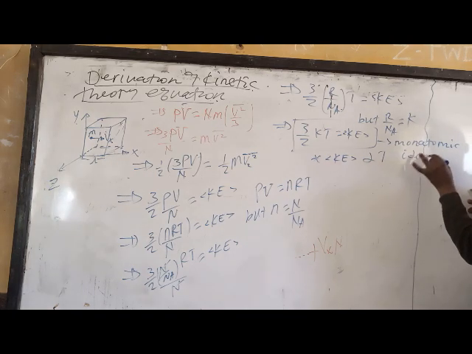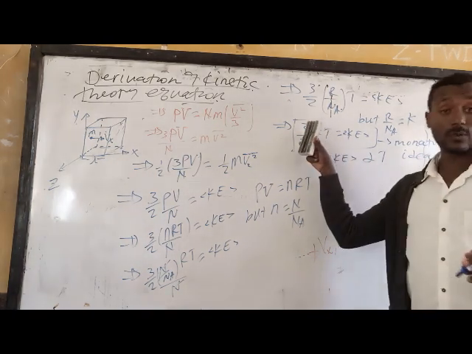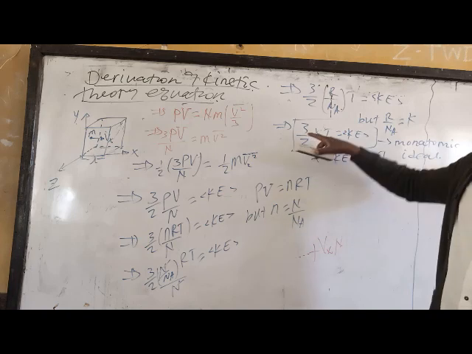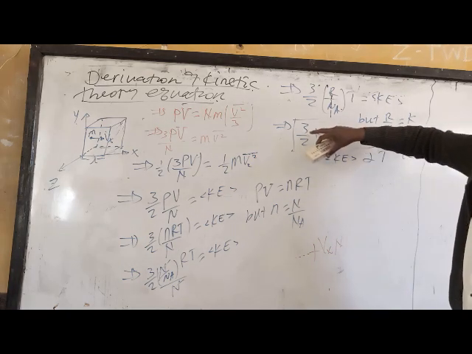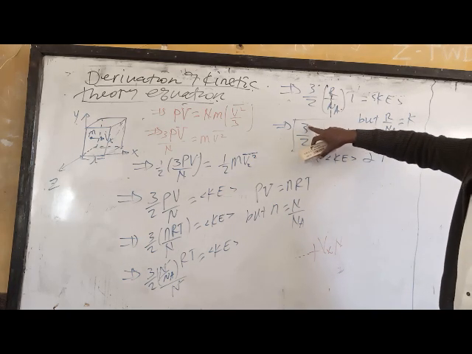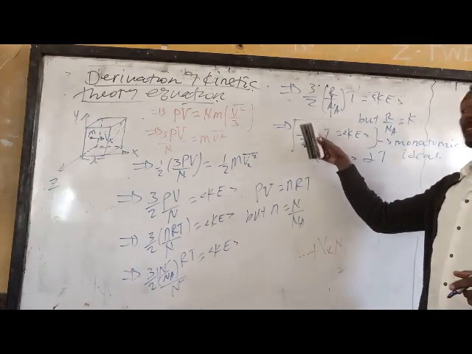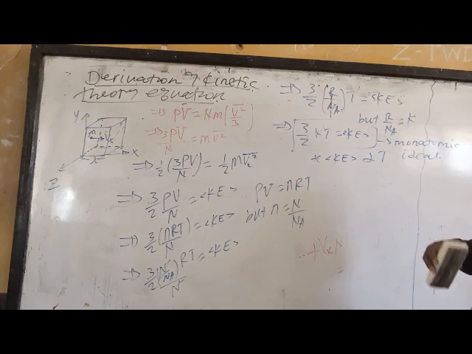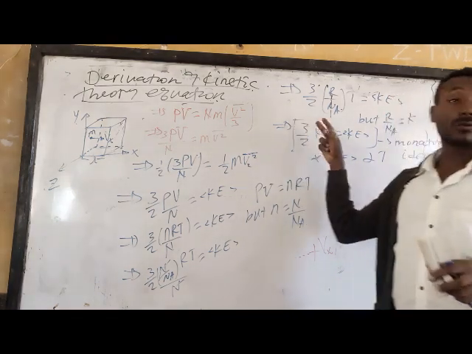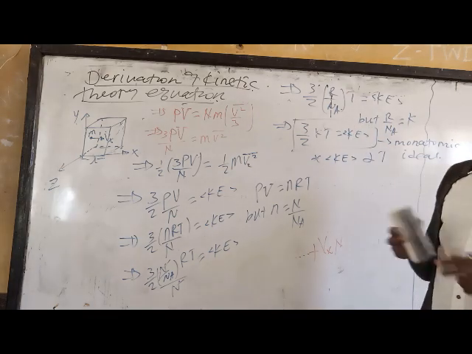For diatomic, there are 2 rotational degrees of freedom. Then we have to add 2, then it becomes 5. This is X, Y, and Z degrees of freedom, but when the molecule becomes diatomic, we need to add 2 rotational degrees of freedom.